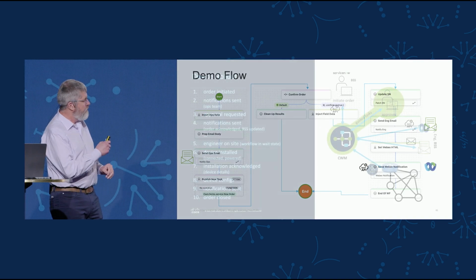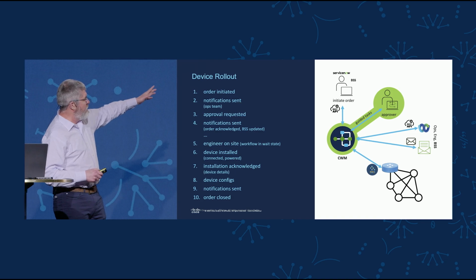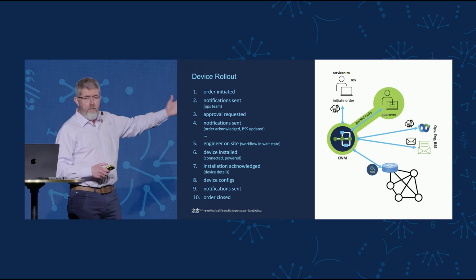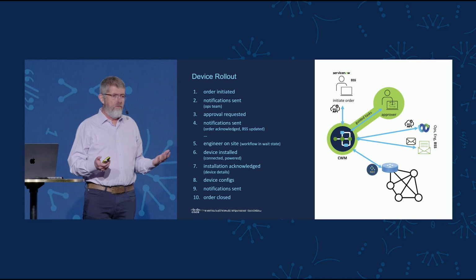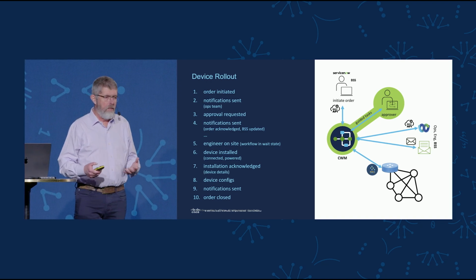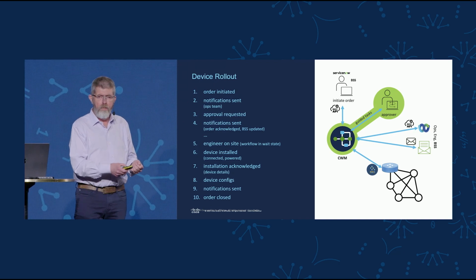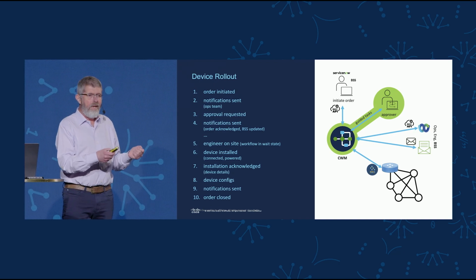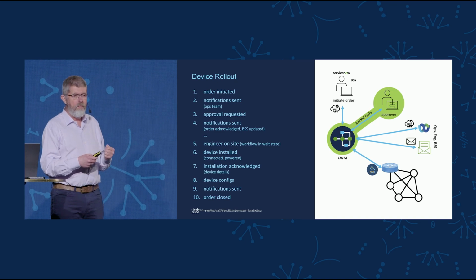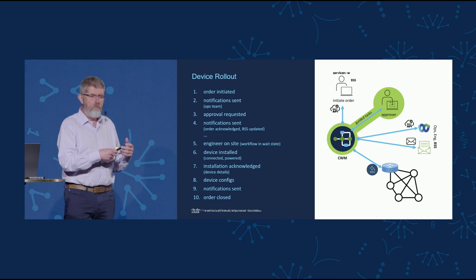The other things, so we mentioned the approval, we mentioned the notifications. The idea of this particular use case is that we're rolling out a device, as I mentioned, and this usually entails somebody taking a box, going to a customer site, plugging in, etc., and then being able to notify the workflow manager, the Crosswork Workflow Manager, that that part of the job has been completed.